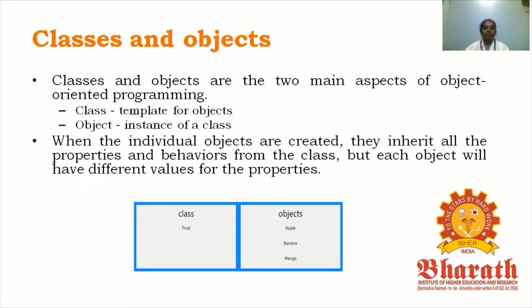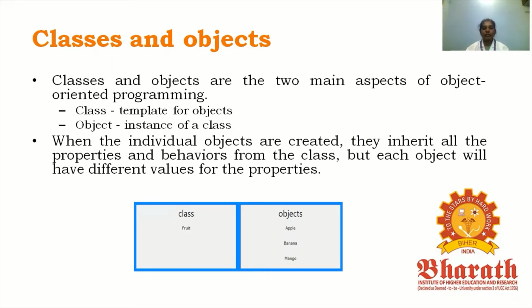Classes and objects are the two main aspects of object-oriented programming. A class is nothing but a template for objects, and an object is an instance of a class. See the example diagram. From the diagram, you can easily understand what we mean by class and what we mean by object. Take the class fruits.